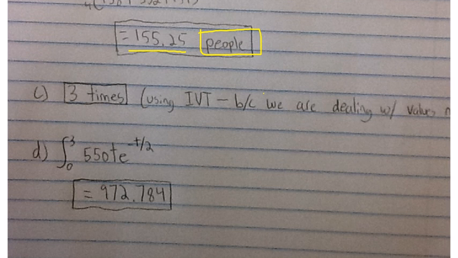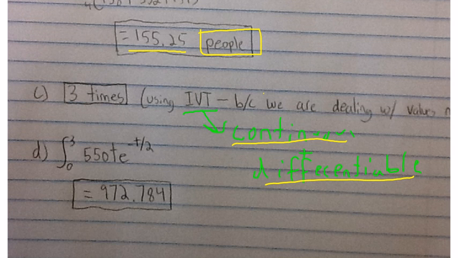You probably learned the intermediate value theorem way back in the day, maybe a few months ago. So this is where it comes up again. Using the intermediate value theorem, we must first remember that it's a continuous and differentiable function, or at least it's continuous and differentiable on the interval 0 to 9, what they're giving us. That's very important to note, because without being continuous and differentiable, there's no way you can even use the intermediate value theorem.